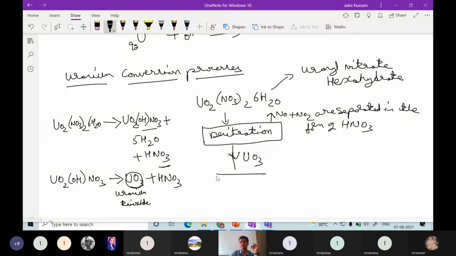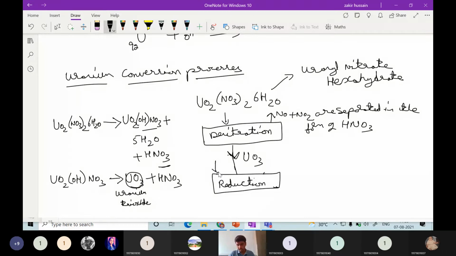The next step in the conversion of uranium is that UO3 has to be converted to UO2. How to convert that? From UO3 to UO2, the reduction reaction has to take place. We know that oxidation means addition of oxygen, and reduction means removal of oxygen or addition of hydrogen.